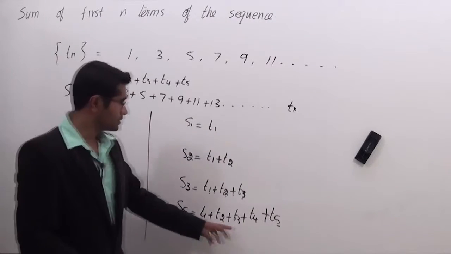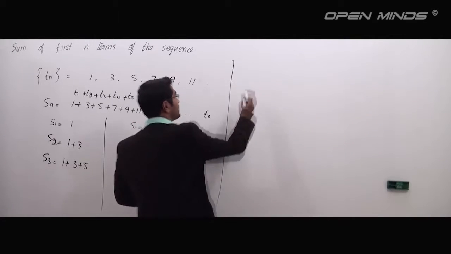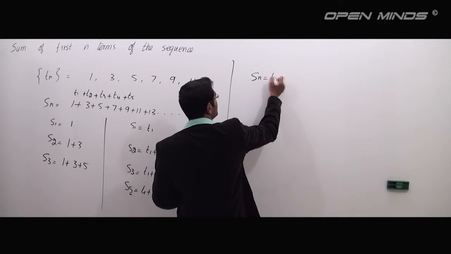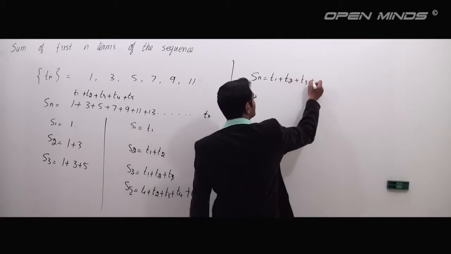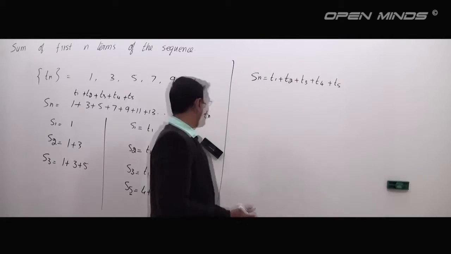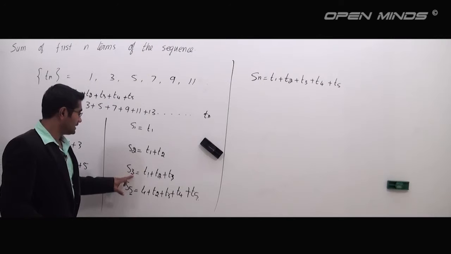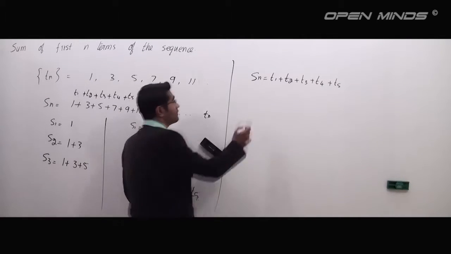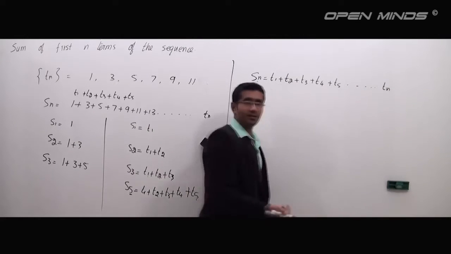It means I'm adding the first 5 terms of the sequence. So what do you mean by Sn then? Look at that. Sn is given as T1 plus T2 plus T3 plus T4 plus T5, till when? If I know it was 5, it ended at 5. If I know it is 3, it ended at 3. If I know it is n, it'll end at Tn. That's all about it. All right.